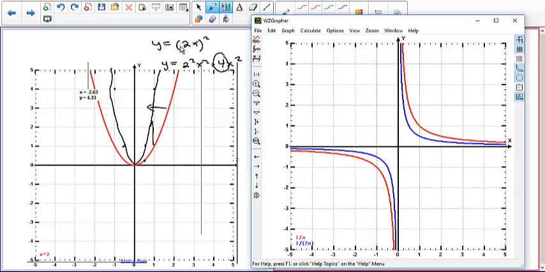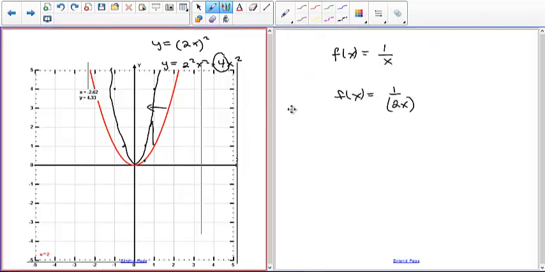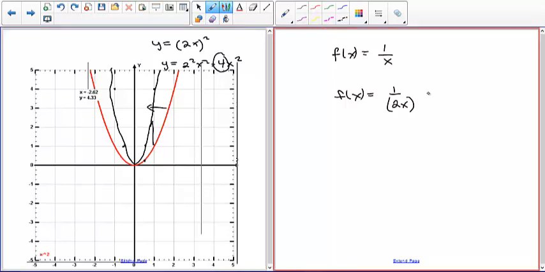So a coefficient here. So are we stretching it in the vertical direction? Not really. Okay, so you can see from a shrinking standpoint it makes sense, but in the vertical direction it doesn't. And that's because you can also think of this as, instead of 1 over 2x, you can think of it as 1/2 times 1 over x.